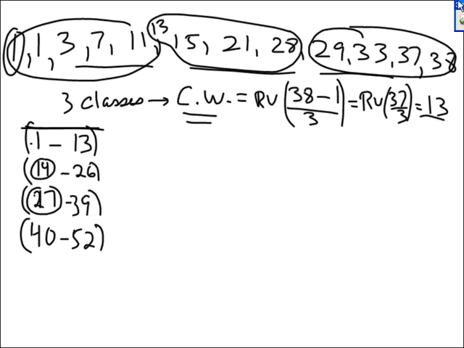Now, I do have a very serious problem here. The problem was, as I said, I'm only going to have 3 classes, and I clearly have 4. However, the largest number is 38. We didn't need a 42 or 52. Sorry about that.